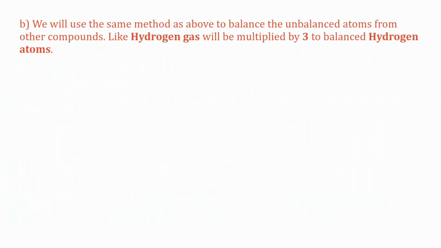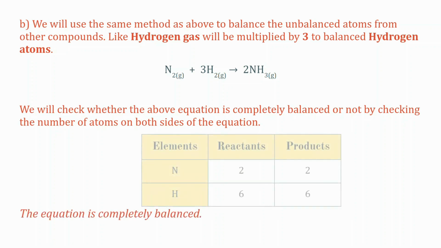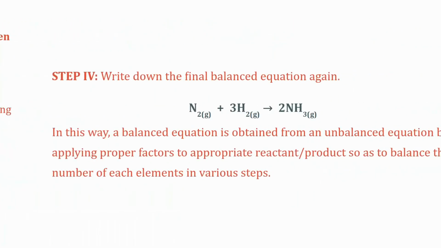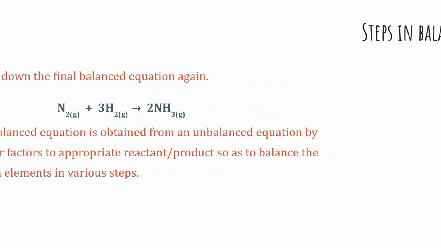So to balance hydrogen, you multiply it with a factor of 3, because you want 6 atoms on the product side. So 2 into 3 will give you 6, that means 6 atoms on the left hand side and 6 atoms on the right hand side. Now your equation is completely balanced. So in step 4, you write the final balanced equation and you are done.